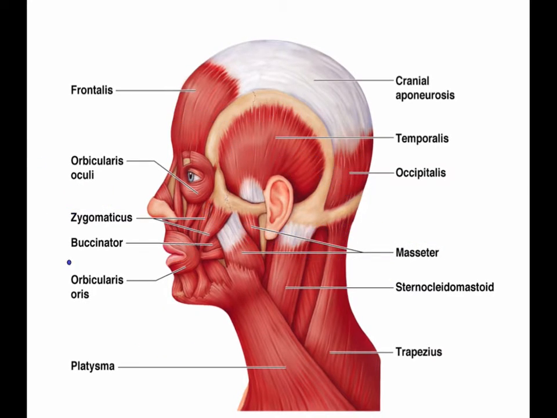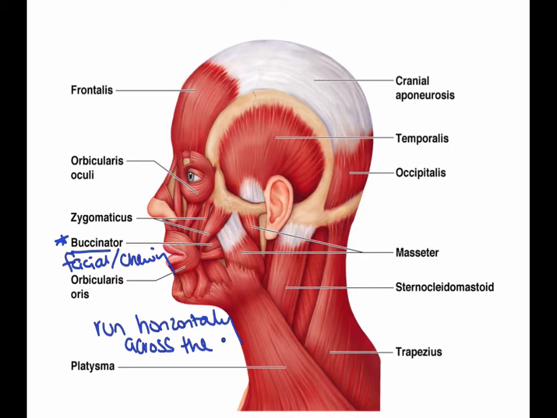Next up, okay, so now let's go ahead and go in through the buccinator. So the buccinator is a facial and a chewing muscle. It's going to run horizontally across the cheek.